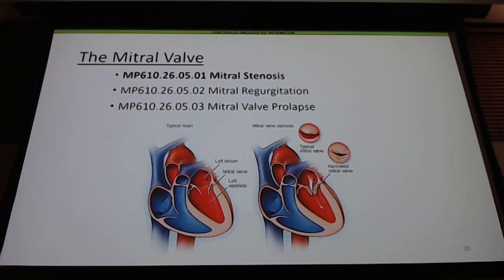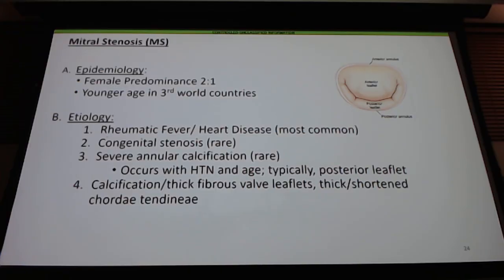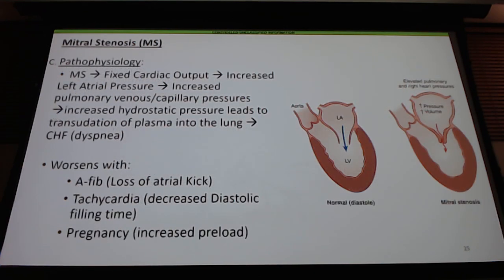And we talked about rheumatic heart disease, even though we don't see it very commonly in the United States, because globally, when we look at the specific valvular diseases, rheumatic heart disease is the most common cause of mitral stenosis in the world. Now, in the United States, because we don't have as much of an incidence of this, this may take a number 2, but globally, rheumatic heart disease is the most common cause of mitral stenosis.